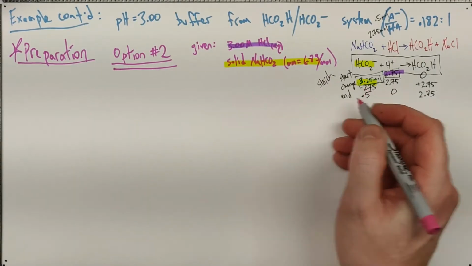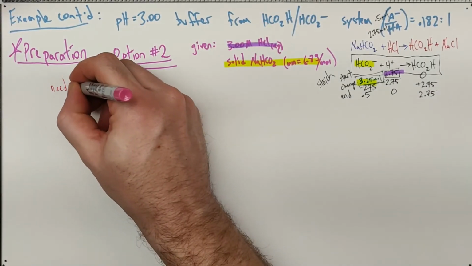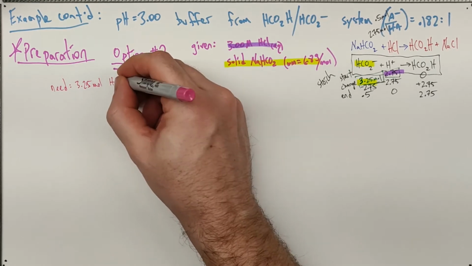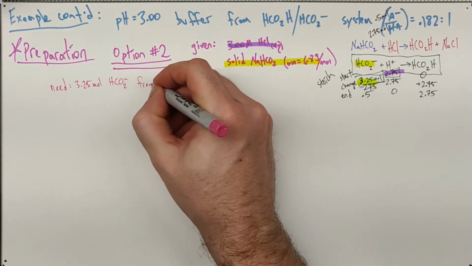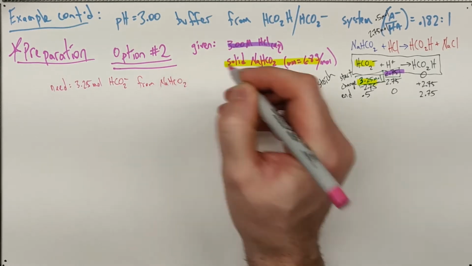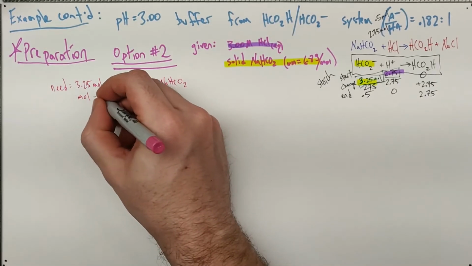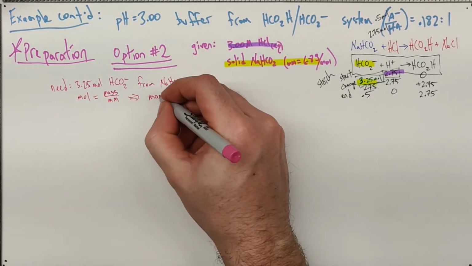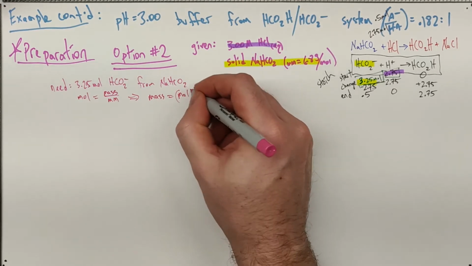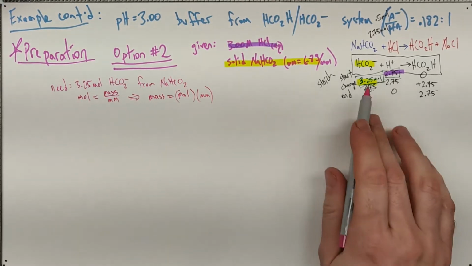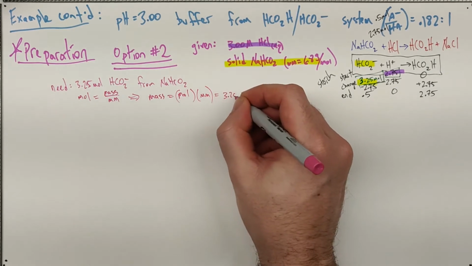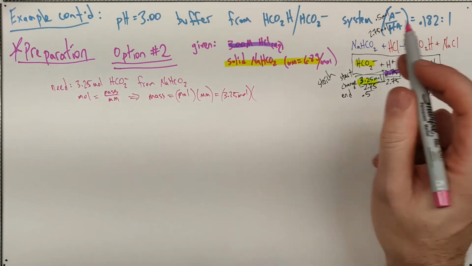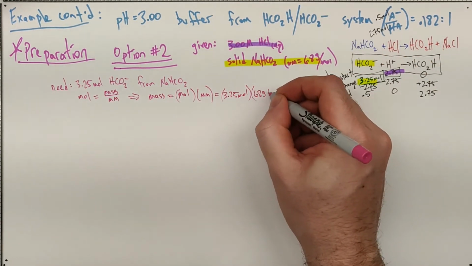I need 3.25 moles of HCO2 minus from NaHCO2. We know that moles is mass over molar mass. In this case, to get my mass, it's going to be my moles times the molar mass. All right, and in this case that's 3.25 times our 68 grams per mole.